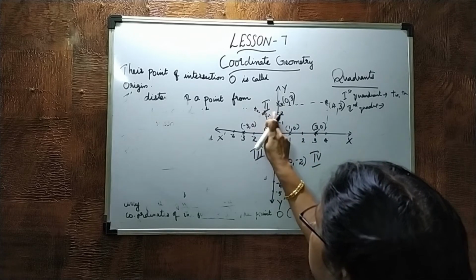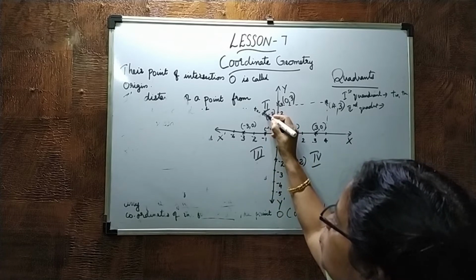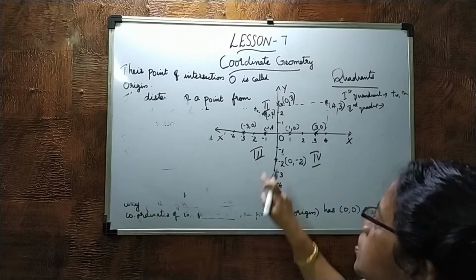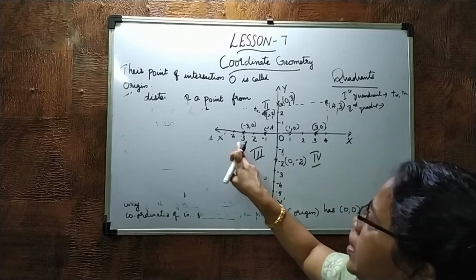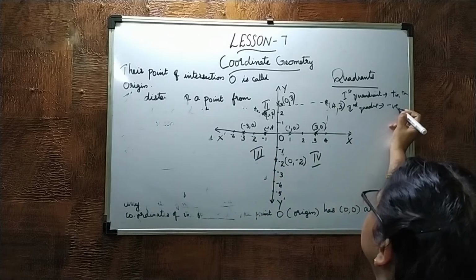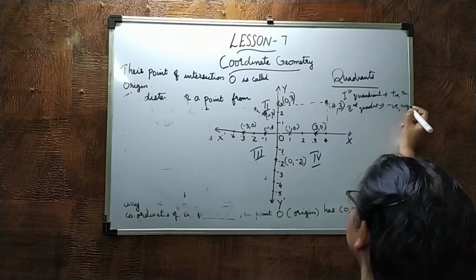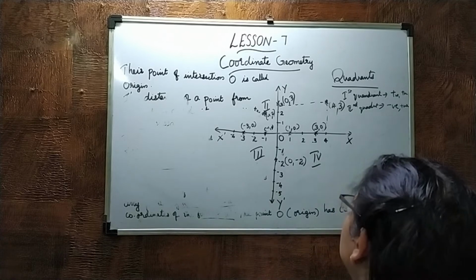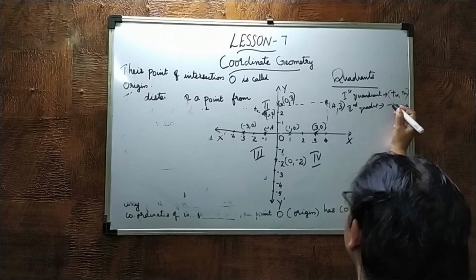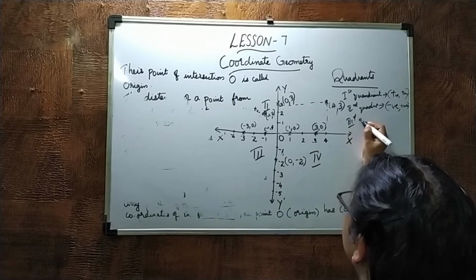Then on the y axis it is 2. Negative 1, 2. So what happens? Here the x coordinate will be negative and the y coordinate will be positive. What is the next one? We will keep it in brackets. Now the third quadrant. What is in the third quadrant?